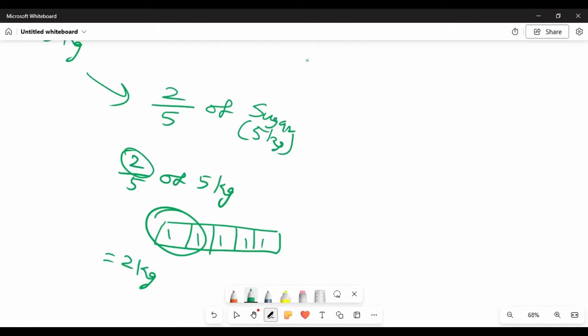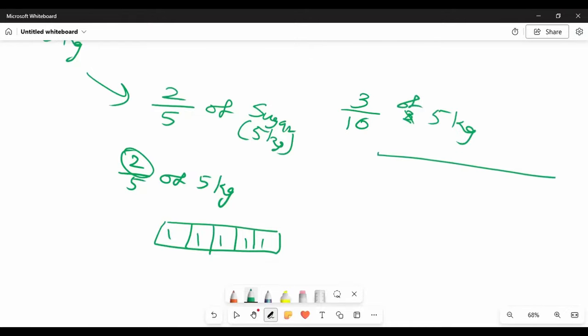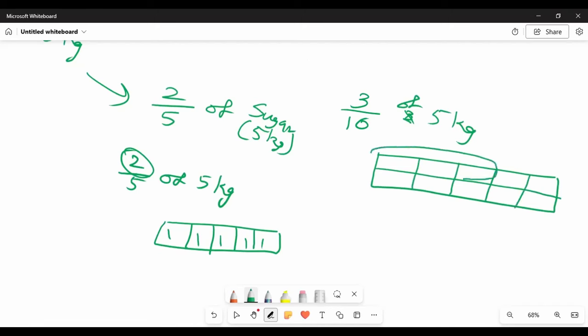Dividing the whole we have by the denominator and then multiplying by the numerator. If I give you something like this, let's say we are going to give 3/10 of 5 kilograms. The meaning of this is we make these 5 kilograms into 10 pieces this time, and then we take only 3 of them.